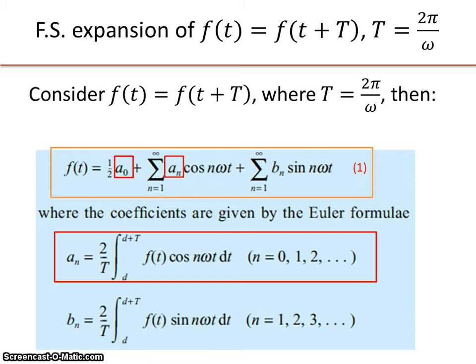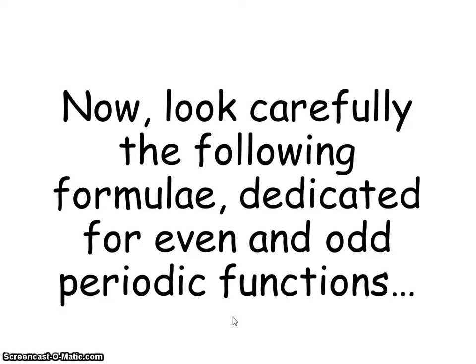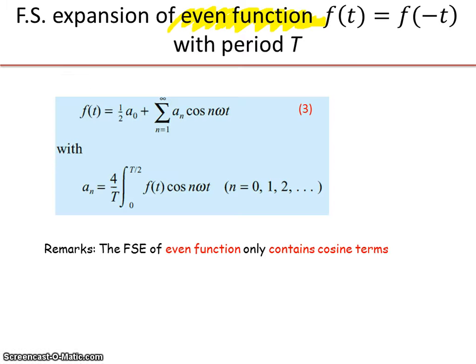And from here we know that a naught and an can be defined from this equation, whereas bn can be defined from this equation. Okay, now look carefully at the following formulas dedicated to even and odd periodic functions.